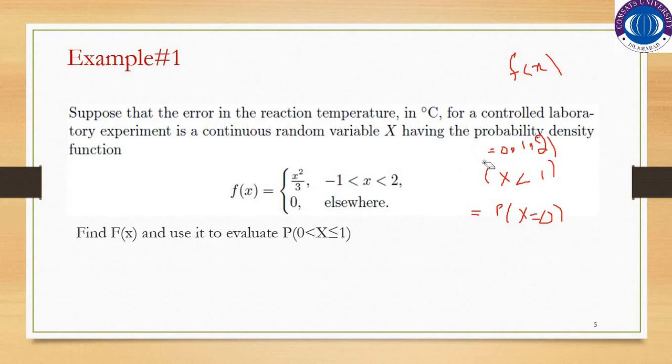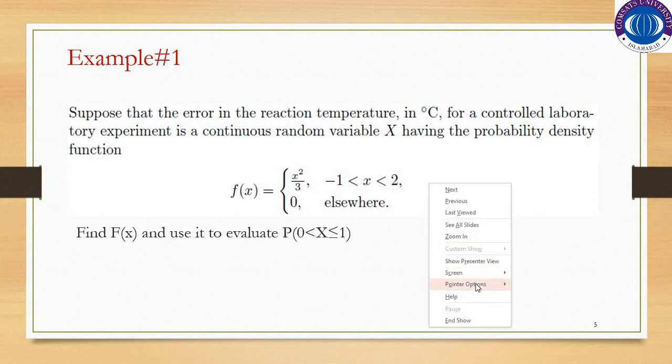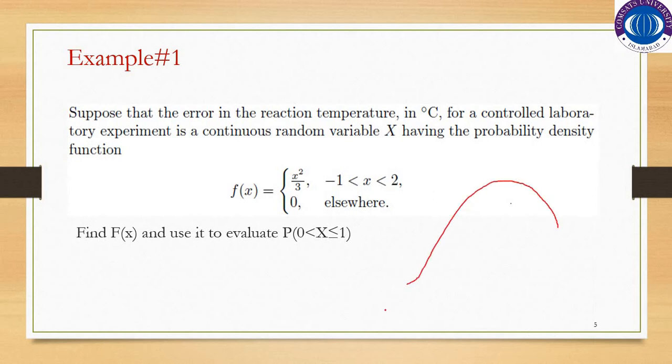In the continuous case, whenever you integrate, what you are doing is finding the area between 2 points. Let's suppose the curve of this particular function is like this, from -1 to 2.